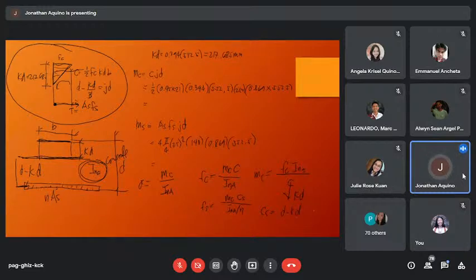So dapat yung solve yung value ng MC o ng MS saka MC is same lang dun sa lalabas dito. Okay? So any question for singly reinforced beam before we continue on the design of doubly reinforced rectangular beam?